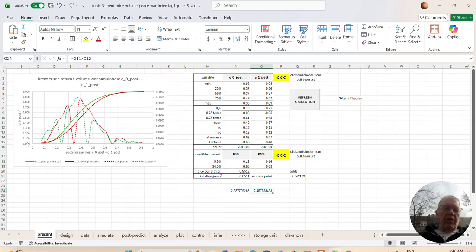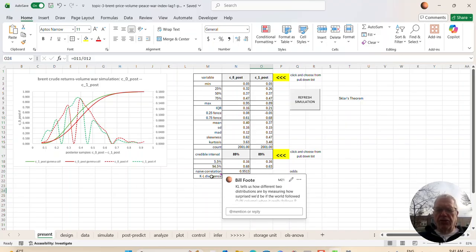But here we have some distributions. That's a fascinating distribution there. Looks like the double slit experiment from quantum physics. But we're not doing quantum physics. We're looking at oil prices and the impact of a major change in global events, namely a war, on those prices. So we're still on top of that.